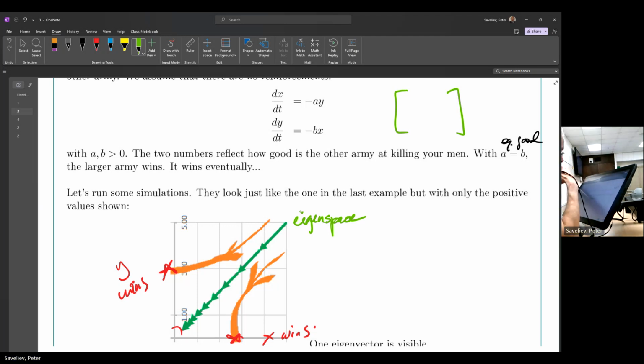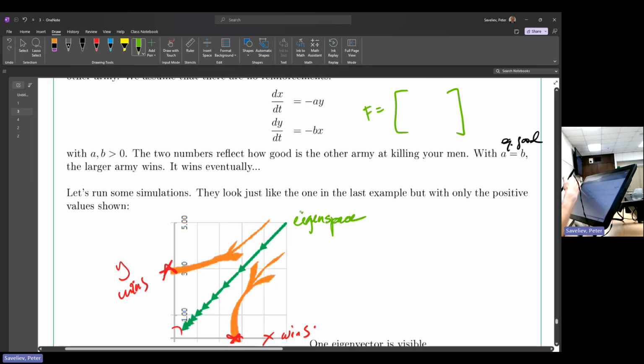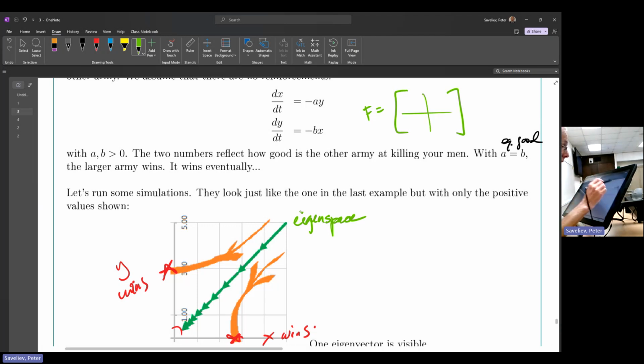We copy the coefficients of x and y, the four numbers, into a 2x2 matrix.